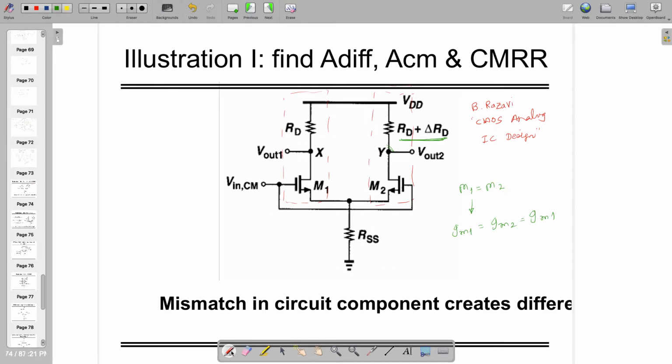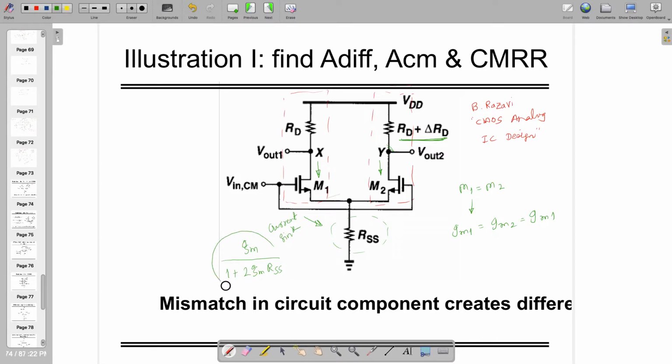And notably, the current flowing through this one and this one are known to us, because both of them are equal, so it depends on the current which is gm by 1 plus 2 gm RSS. By the way, RSS is the resistance of the current sink.